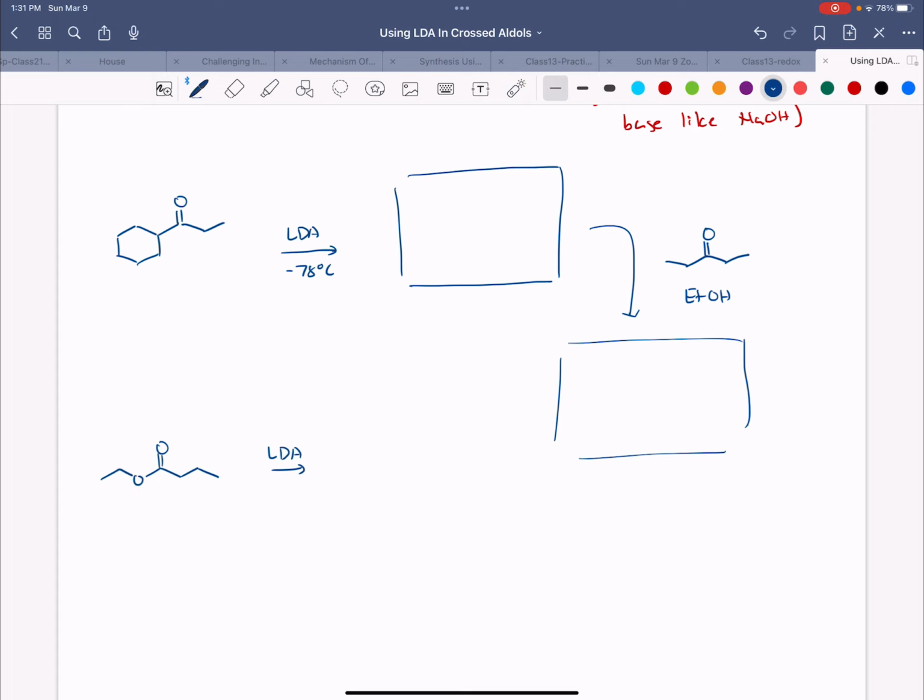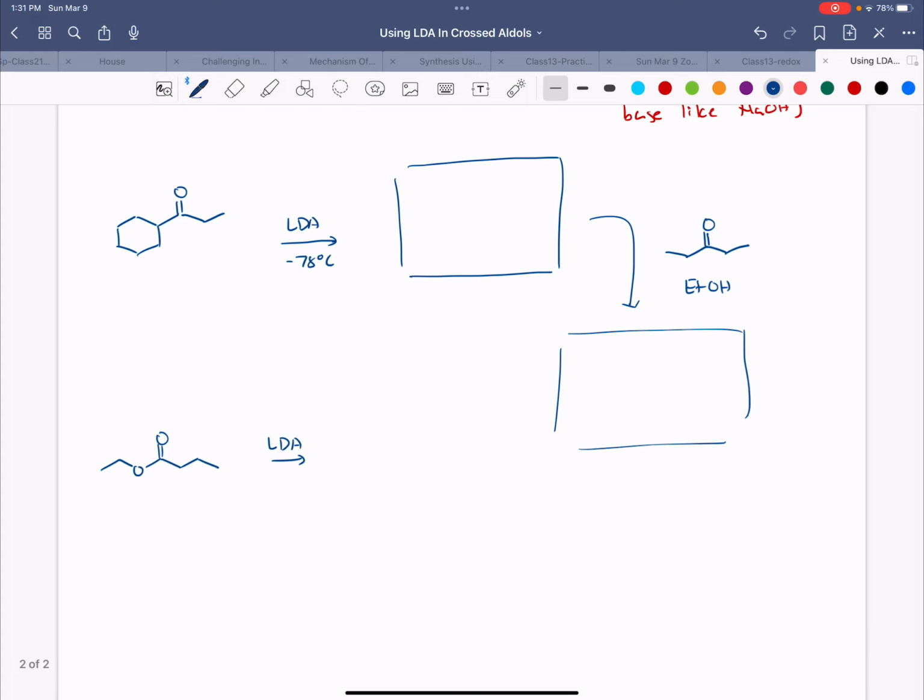All the problems you see when you use the wrong base, like OH minus or OCH3 minus, you'll run into problems because these can attack here and kick out this leaving group. LDA is not really a good nucleophile. LDA is just a good base. So we're safe to use LDA and not worry about those other side reactions. So just simply do what you know.